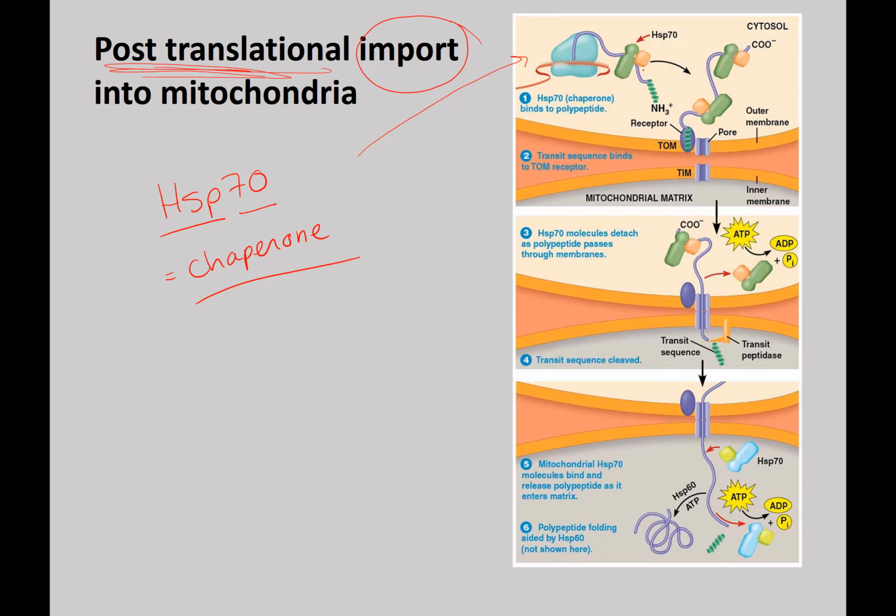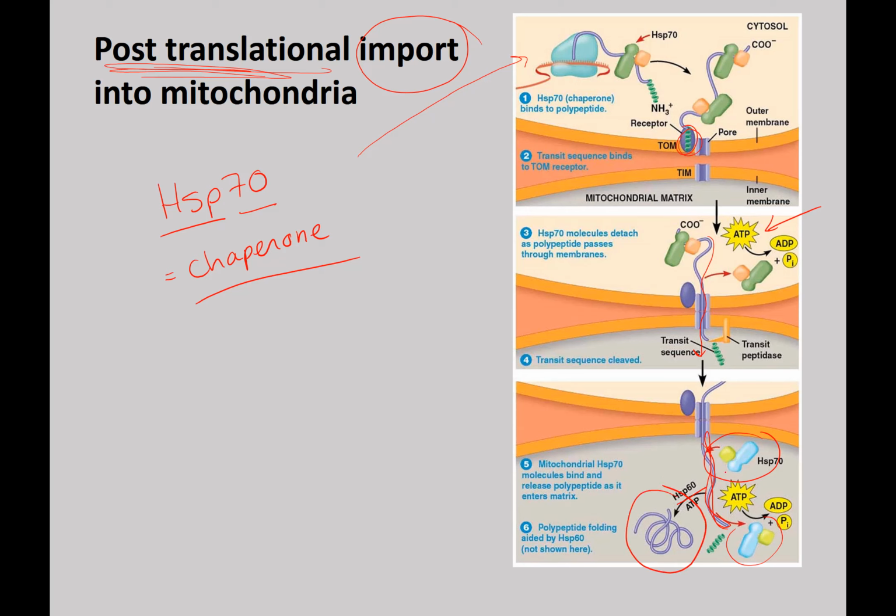So the heat shock proteins bind to this protein as it's being translated. After translation is complete, the signal sequence binds to the receptor, and you can see down here the protein is threaded through that pore. Takes energy, not surprisingly, and there can be other heat shock proteins that are protecting this amino acid sequence until everything comes in and the protein can fold properly.